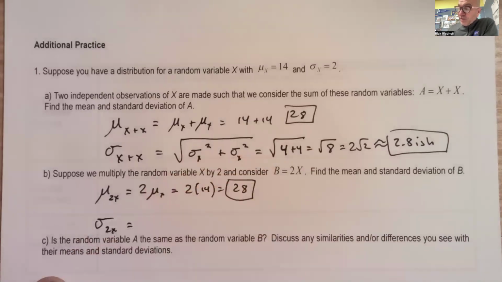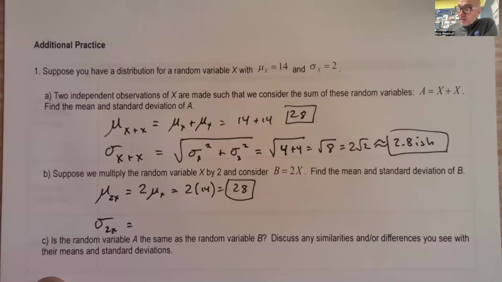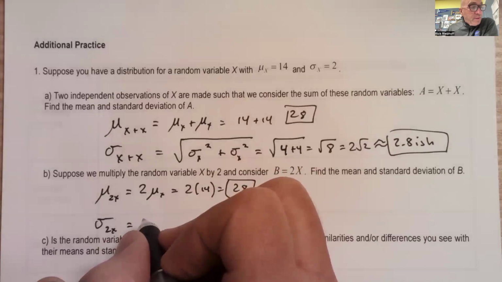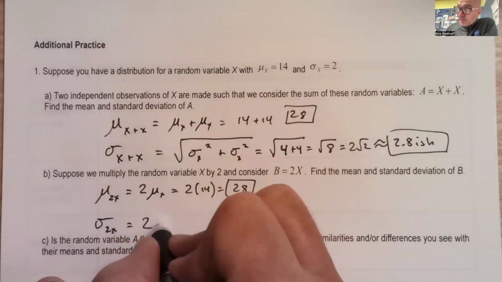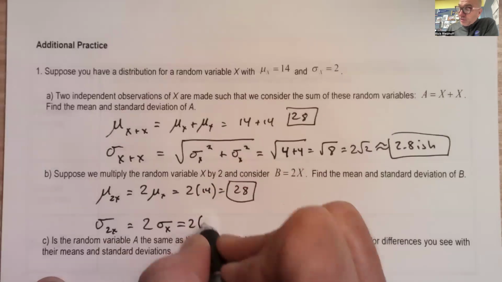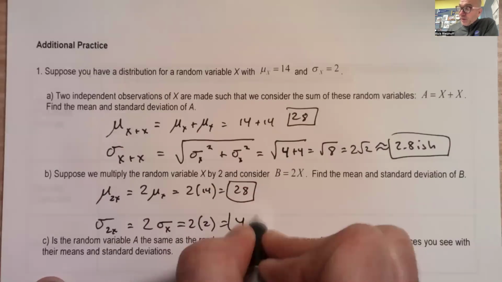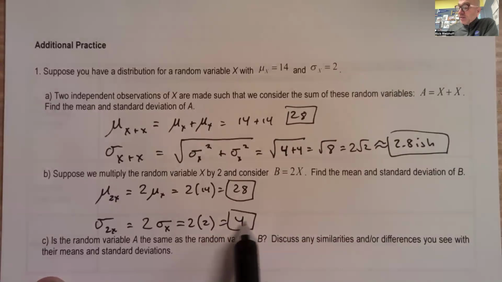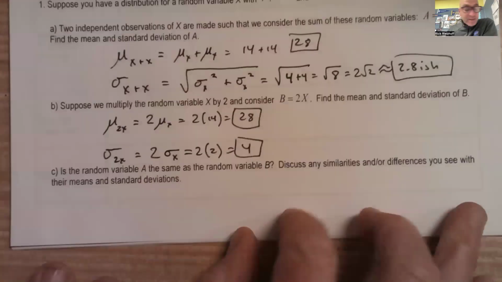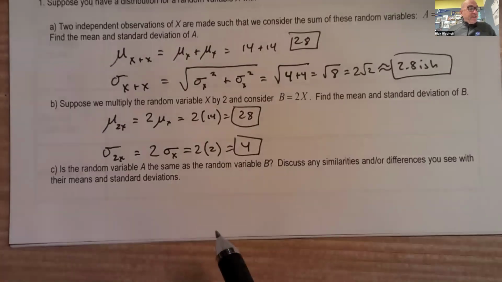The standard deviation of 2X is just 2 times the standard deviation of X, so that's 2 times 2, which is 4. We're going to have more variability here than we would here. Interesting, right?